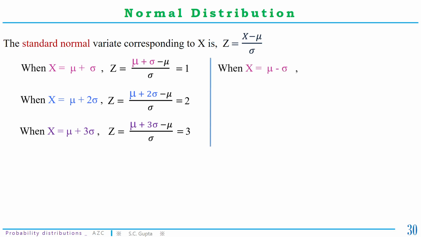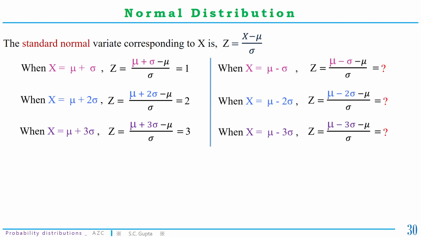Let's find the value of z when x moves from the center to 1, 2, and 3 standard deviations on the negative side. Put the value of x in the equation of z and find the z values.